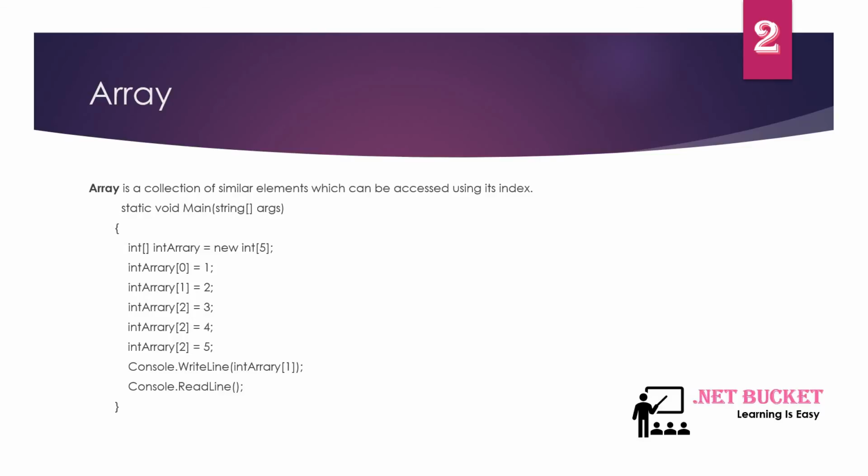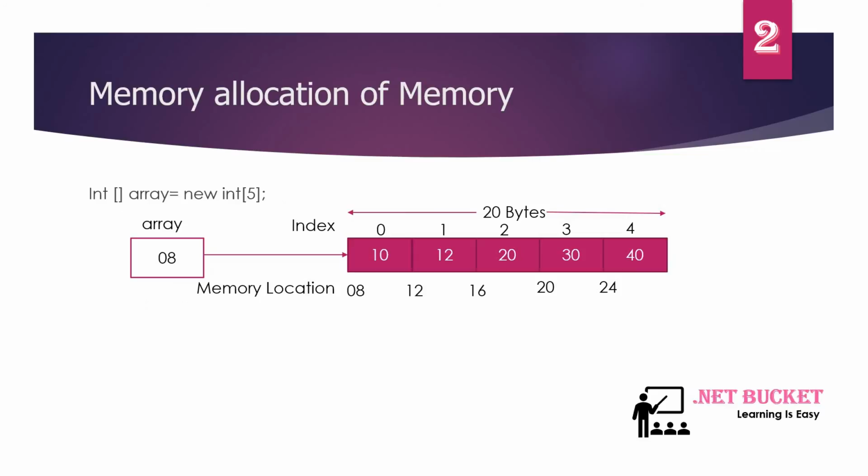Okay, so the next thing I wanted to discuss is this one. Whenever you declare an array, how is memory actually allocated? For example, I am trying to create an array of integer type and its size I want to be 5, meaning I want to store 5 integer values in this array. So how will memory be allocated for this array?